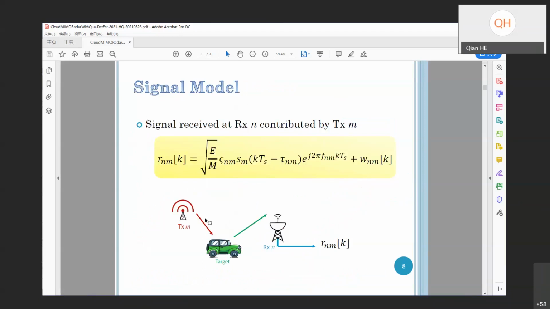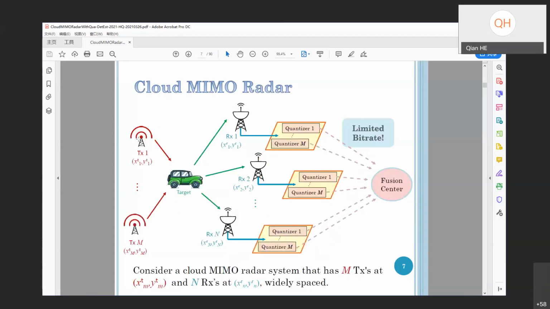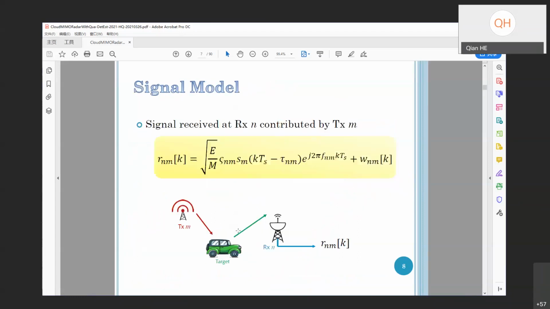So the signal model looks like this. Say we have a bunch of transmitter to receiver paths. Each of the signals transmitted by each transmitter can be received by each of the receivers. Without loss of generality, let's think about only one transmitter to receiver path.